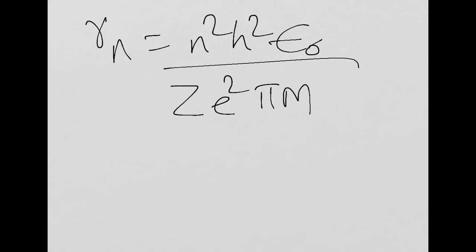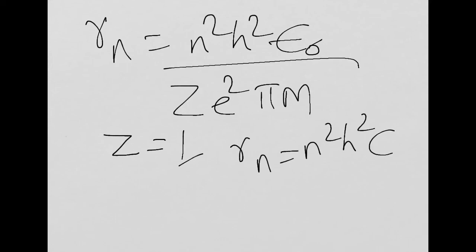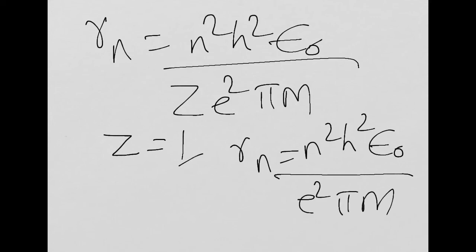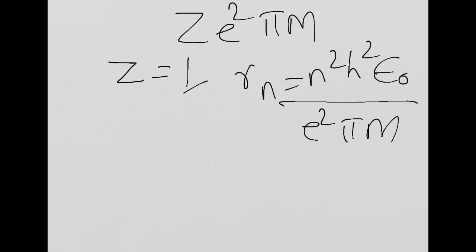Okay. Now, what if I talk about Z equal to 1, that is hydrogen atom? Then the radius of nth orbit will be n square h square epsilon naught by e square pi m. In that case also, what if I talk about the very first orbit?